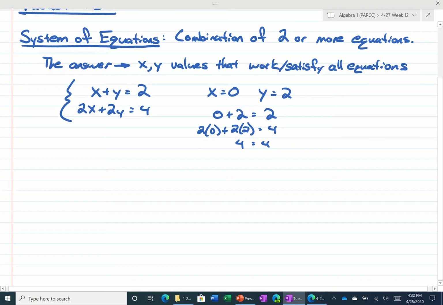So the next one is a system of inequalities.